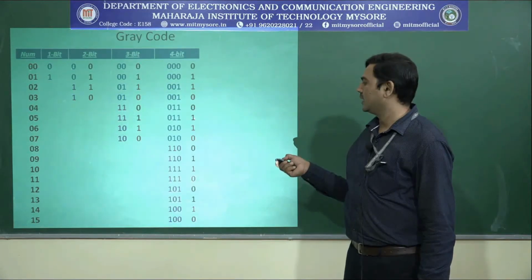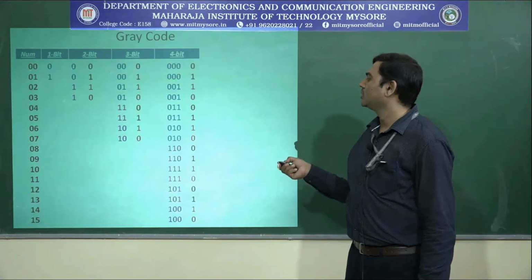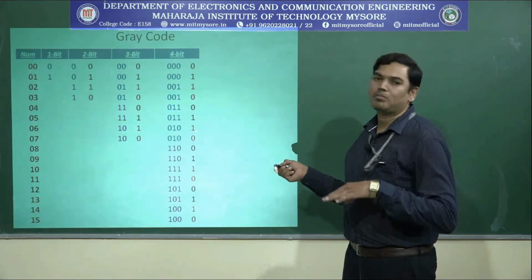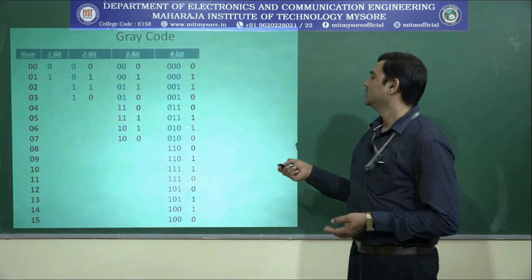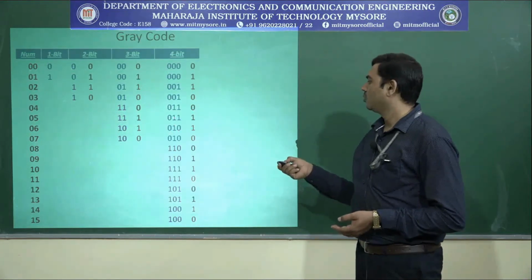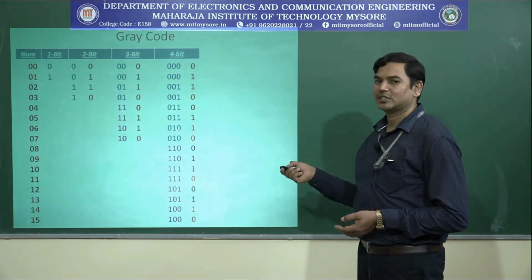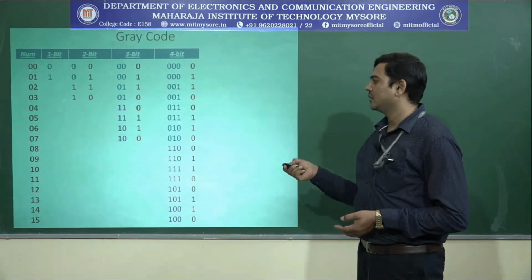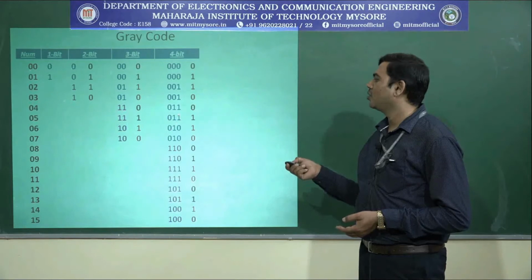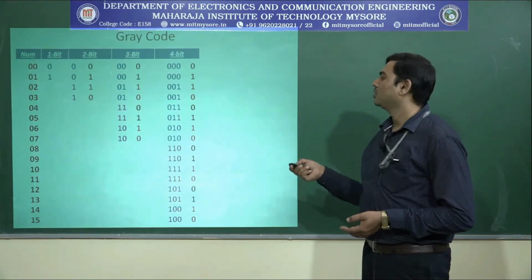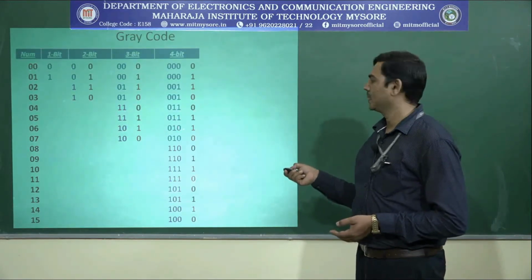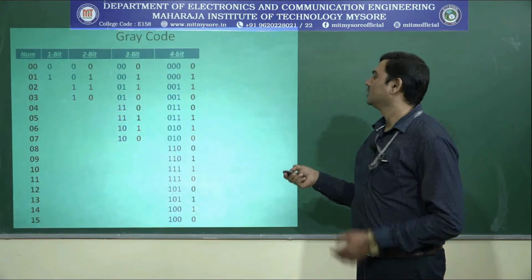Now again compare this number with the successive representation, a number after this. Here 1 1, the bits are same. 1 1, again it is same. 0 0, it is same. Only in this position we have a toggle or an inversion or a variation.